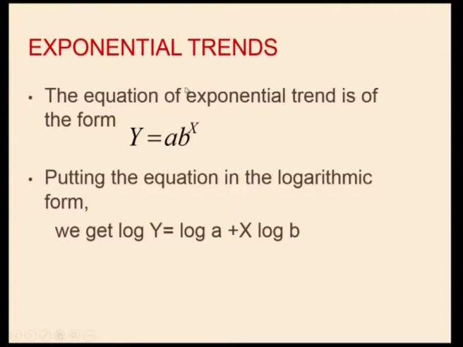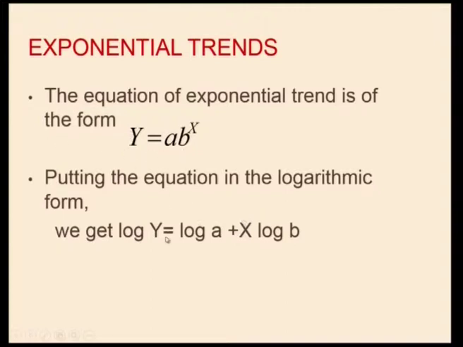The equation of the exponential trend is of the form y = a b^x. Here the objective is to find the values of a and b. To determine that, we use the logarithmic method. Putting the equation in logarithmic form, we take log on both sides.